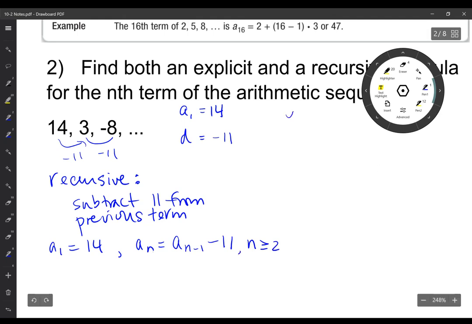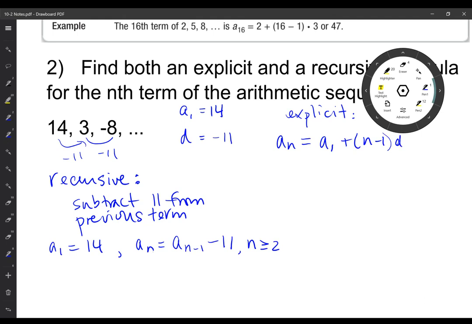Now I want to come up with my explicit. So for explicit, I have this formula I'm working with, or this rule, and I want to always write it out because I'm learning it, I'm memorizing it. So a sub n, I am really looking for a formula for a sub n. So my a1 is going to be 14. n, I don't know. That's going to be whatever number I choose to put in. And then D is negative 11.